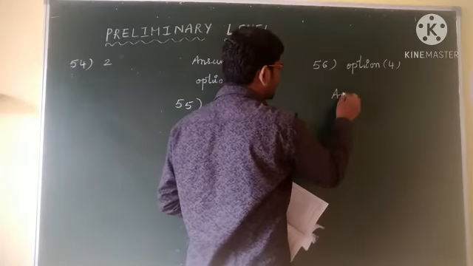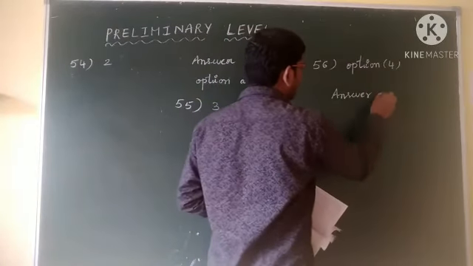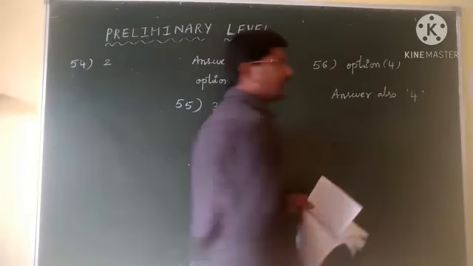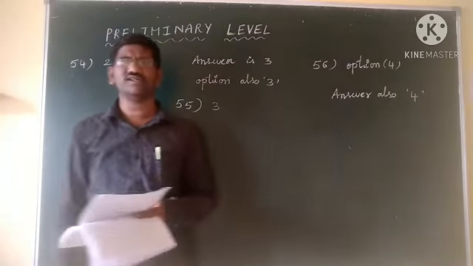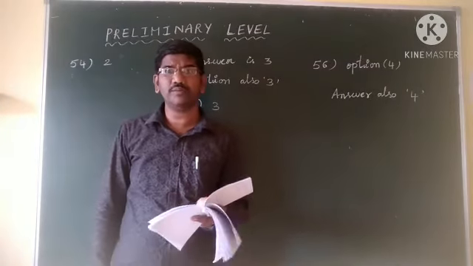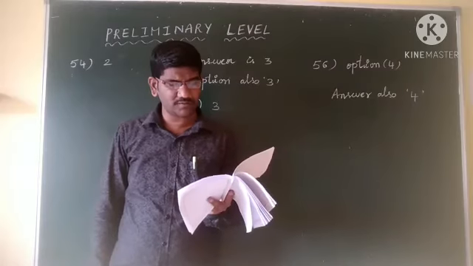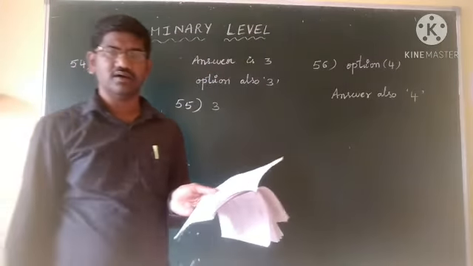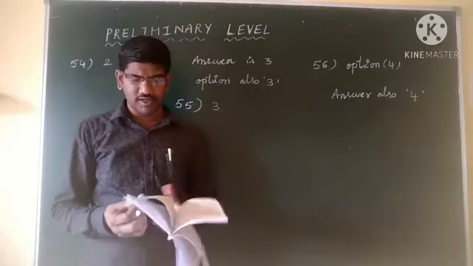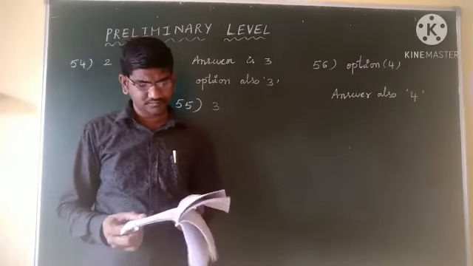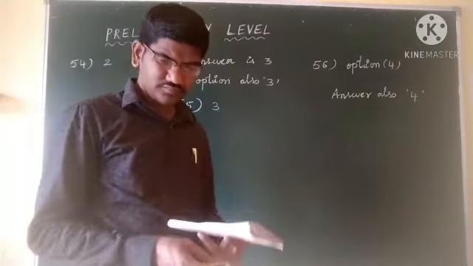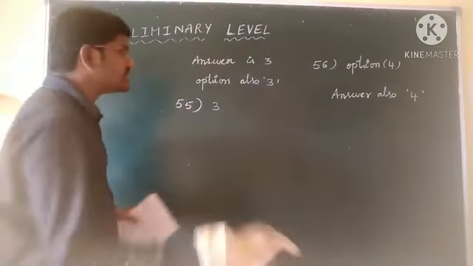So the minimum number of non-coplanar forces required to keep a particle at rest is 4. So these are the 3 bits we have in the preliminary level. Now I'll go to the mains level. In the mains level, problem number 97.